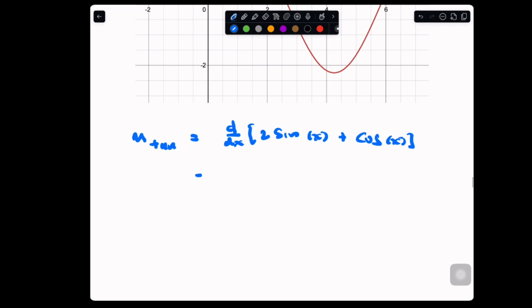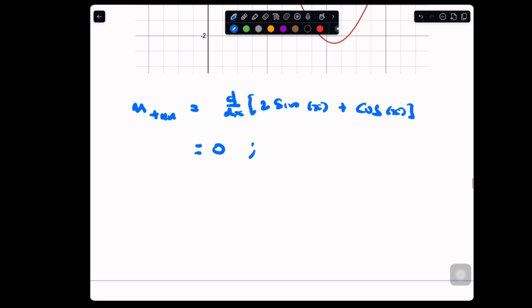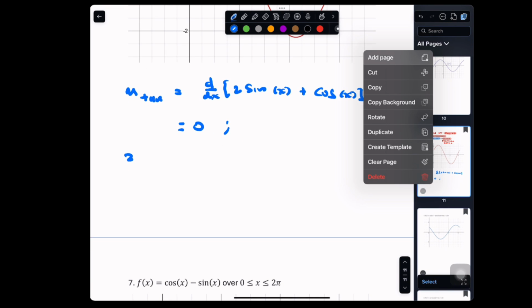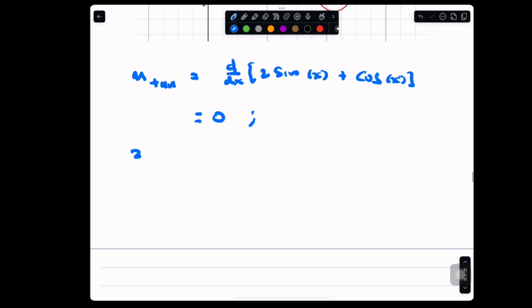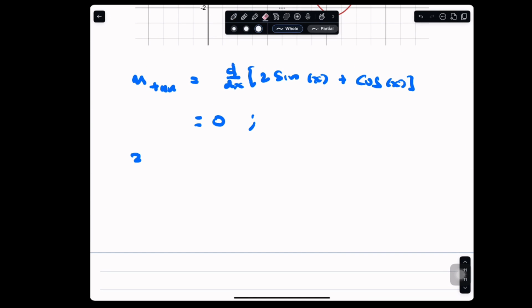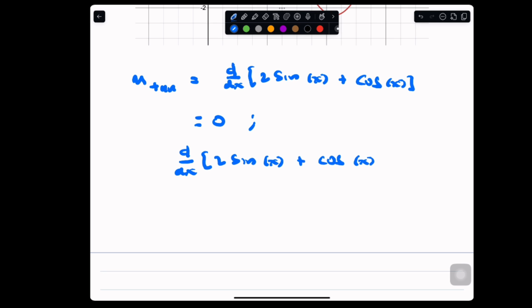And that needs to equal 0. So what that means is, I'm going to use properties here. I guess I'll do every detail. That means your derivative of 2 sine x plus cosine x becomes 0.